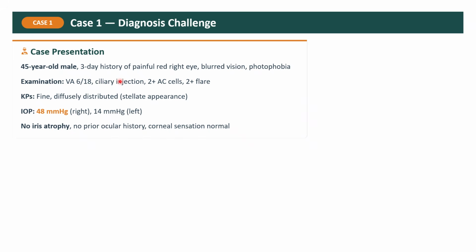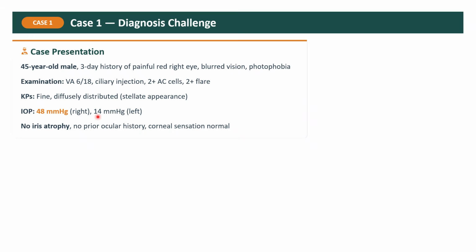Now this scenario has acute onset with mild cells and flare, not that severe, no history of hypopyon, and mild ciliary injection. The strong positive point is the presence of satellite-shaped, finely distributed KPs. This strongly points to either cytomegalovirus or herpes simplex, although herpes simplex commonly presents as granulomatous uveitis.